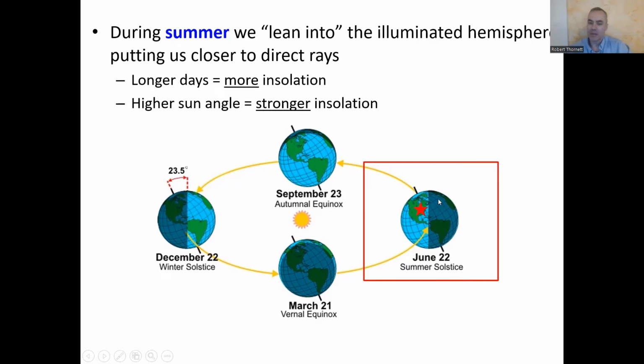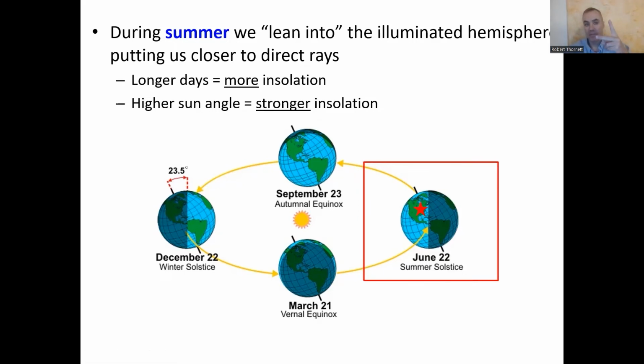All that imbalance is because you're leaning the axis, leaning the northern hemisphere into the sunlit hemisphere over here. And so that's the reason we have longer days up here, which give us more insolation. That just makes it warmer because the sun is out longer. It just stays out longer.